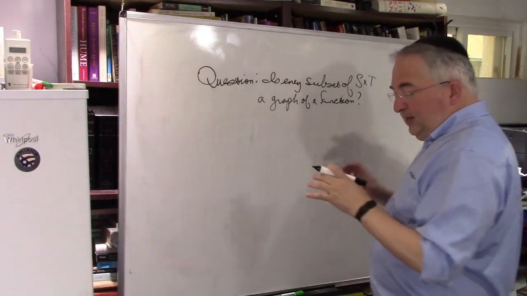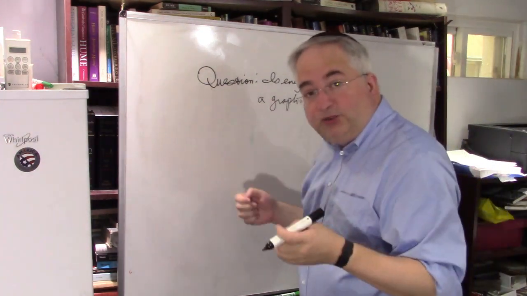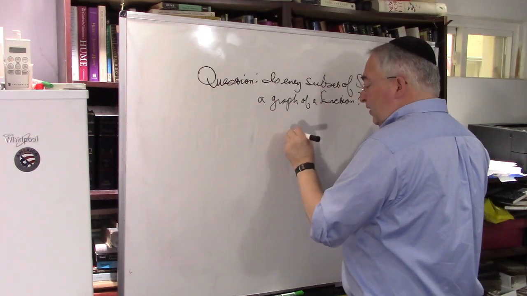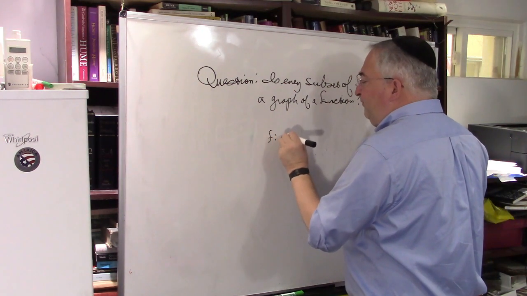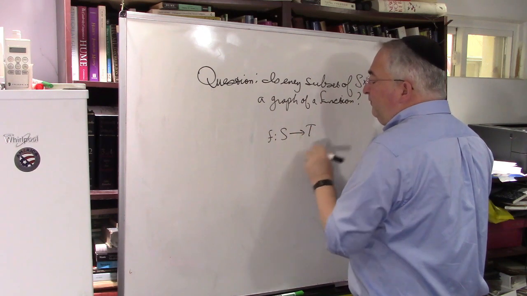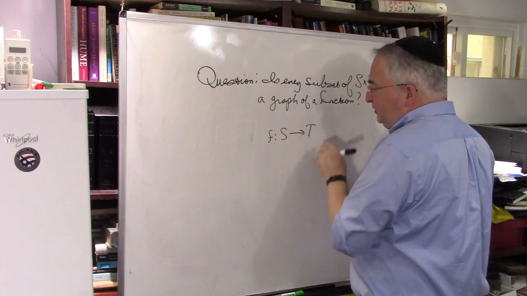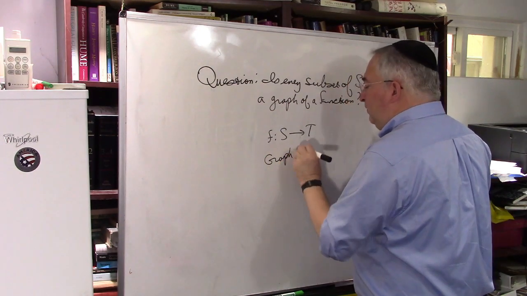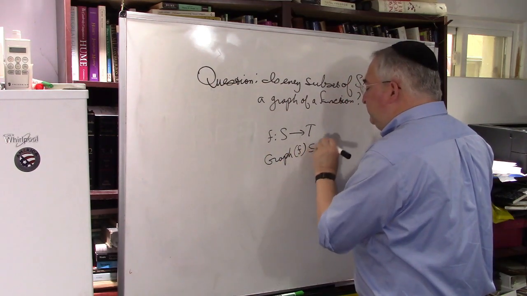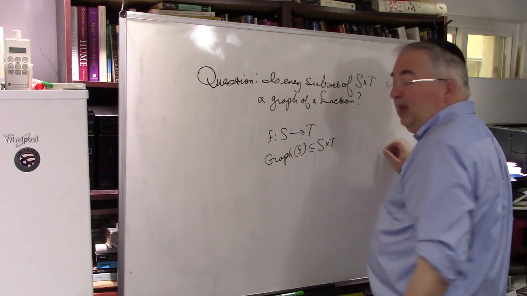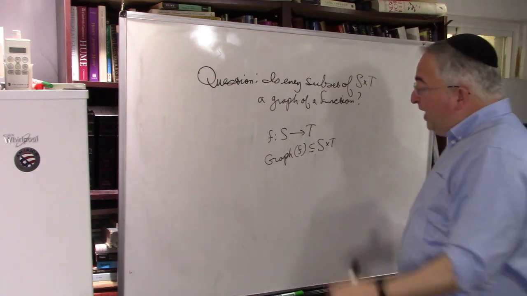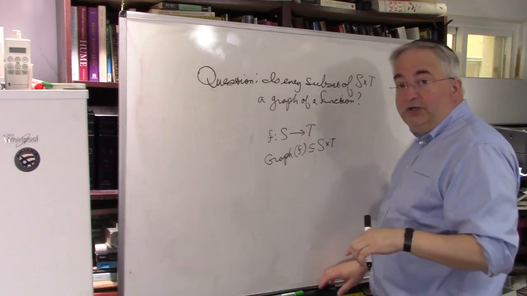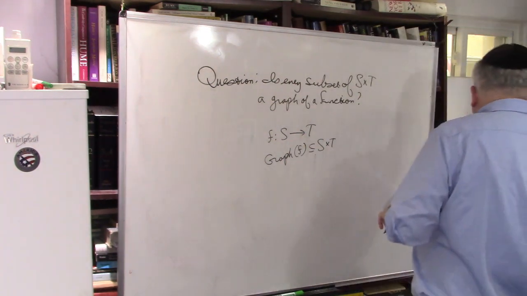For every function f from S to T, you have a graph of f, which is a subset of S cross T. And now I ask the following question. Is every subset of S cross T a graph of some function? And the answer is no.